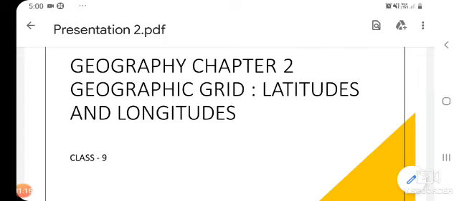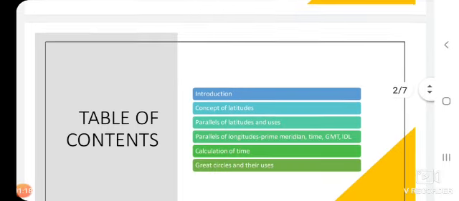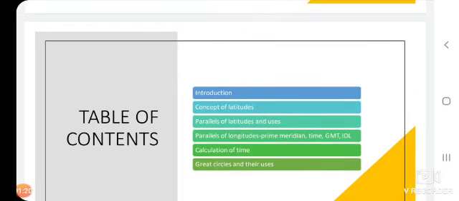Children, in this lesson we are going to explain the introduction to the lesson. Then you will learn about the concept of latitudes, the parallels of latitudes and their uses, and then the parallels of longitudes, which is the prime meridian, and the time zones.